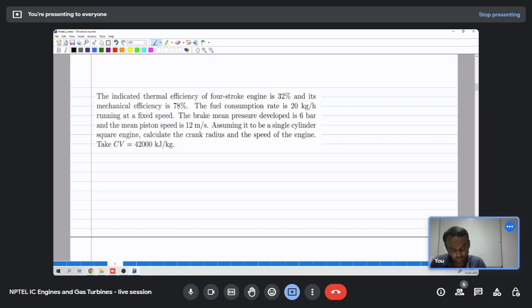So indicated thermal efficiency, ITE, is 32%. So this is indicated power divided by fuel power, which is m dot f into CV. Mechanical efficiency is given as 0.78. So this is brake power by indicated power. The fuel consumption rate m dot f is given as 20 kg per hour, or this is 20 by 3600 kilogram per second.